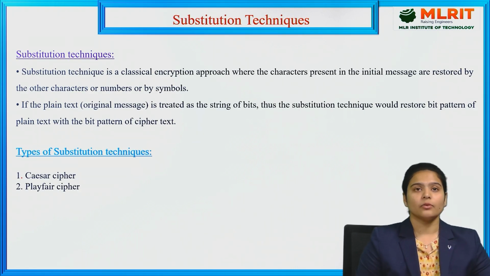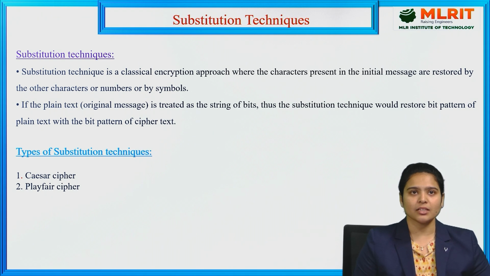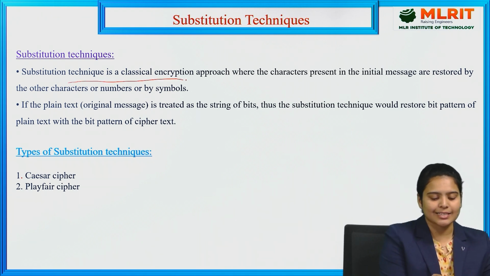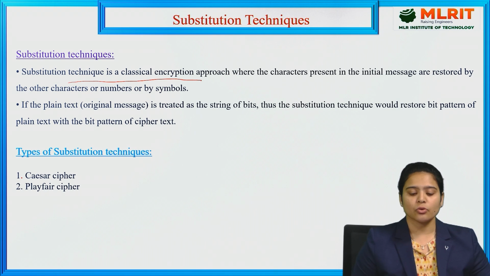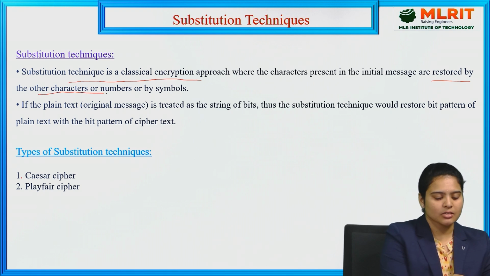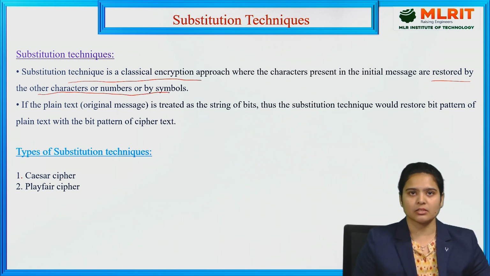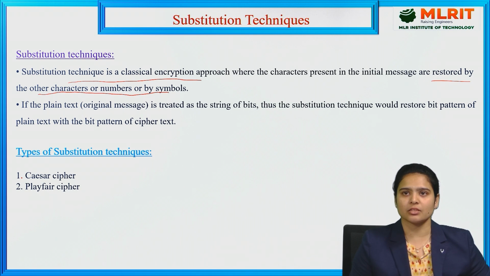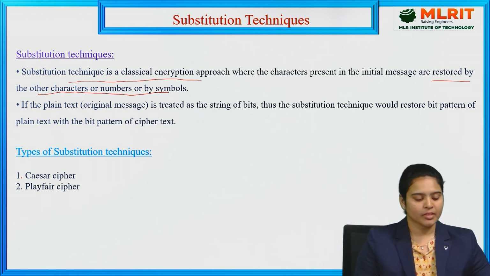First, we need to know what is meant by substitution techniques. Basically, the substitution technique is a classical encryption process where the characters or any initial messages are replaced by other characters, numbers or symbols.